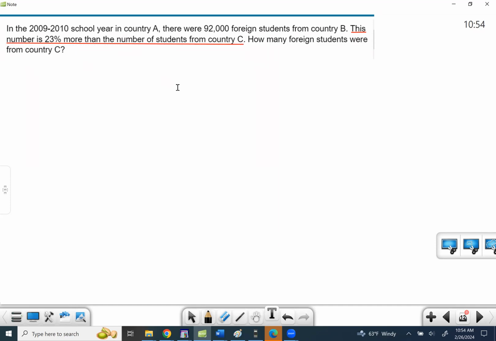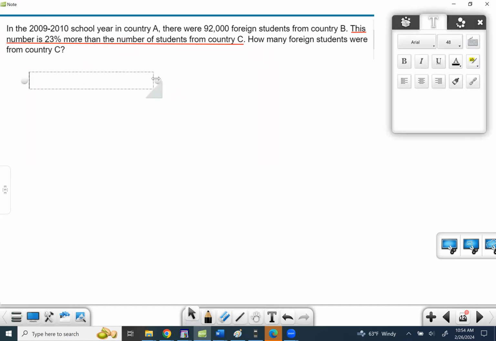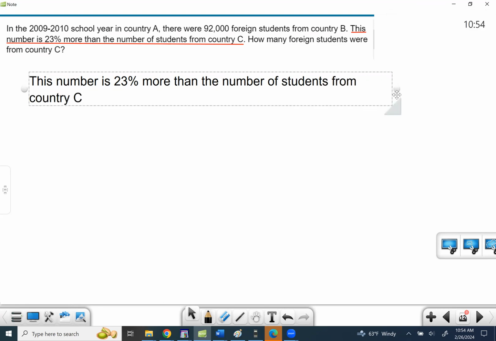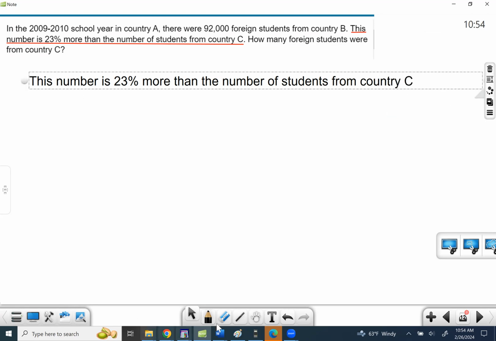So I'm going to type it out, and then right below it, we'll put the math, okay? I'm just going to go through and take it from English and turn it into math. So this number, well, what number is that? That's the 92,000. So I'm going to substitute that in for this number.